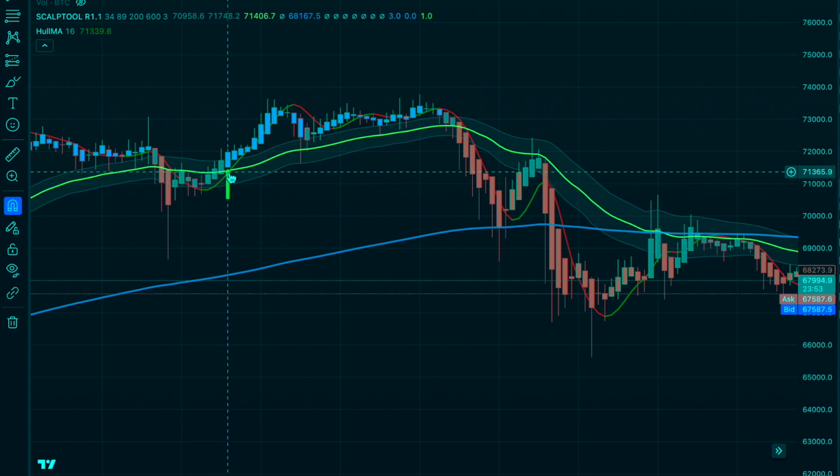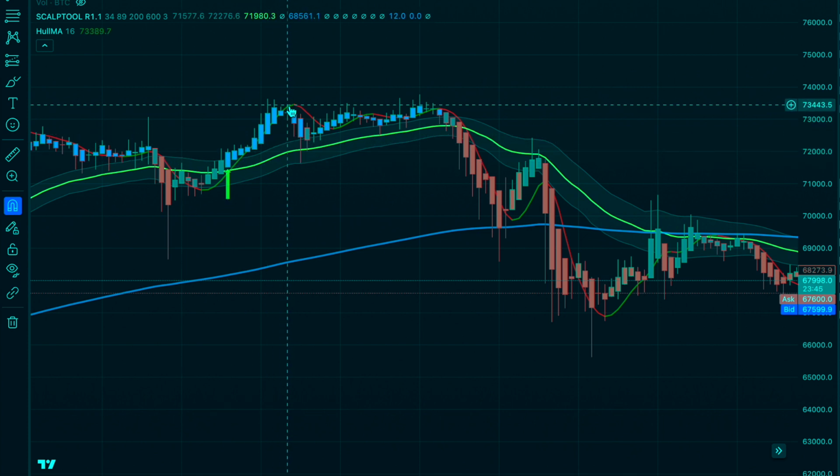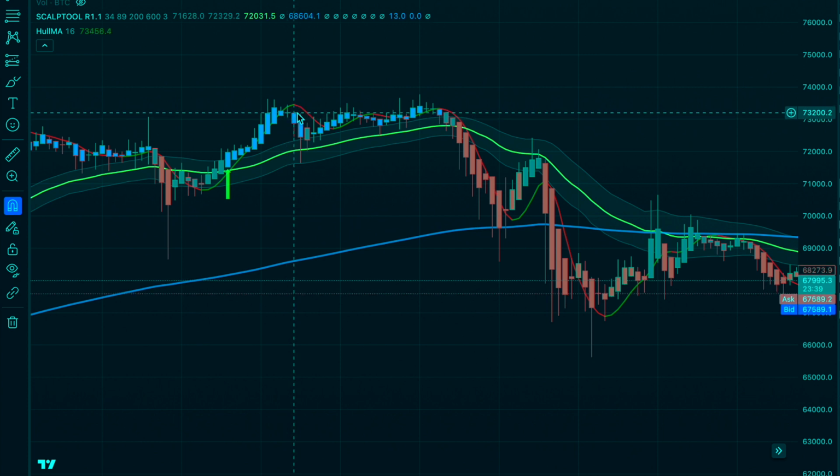The Hull EMA is green, we're above the 34 EMA, and we're above the 200 EMA. Our entry is here. We'll take it up to here. We can see we're getting a small doji candle, and the Hull EMA is changing, so we'd sell up here. That's 2 wins out of 2 using one indicator.